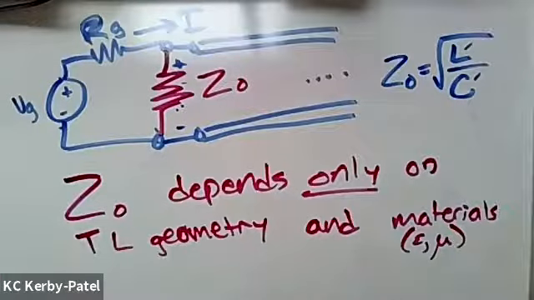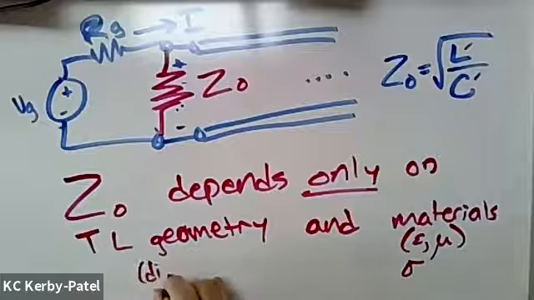If you have a lossy situation, sigma matters too, but if it's lossless or close to it, it's really only epsilon and mu. And by geometry, I mean, like I said, dimensions.